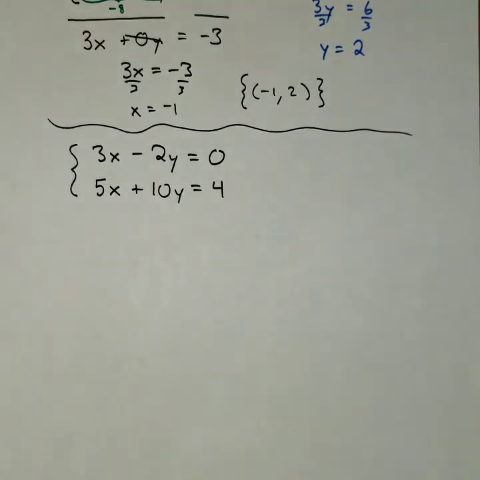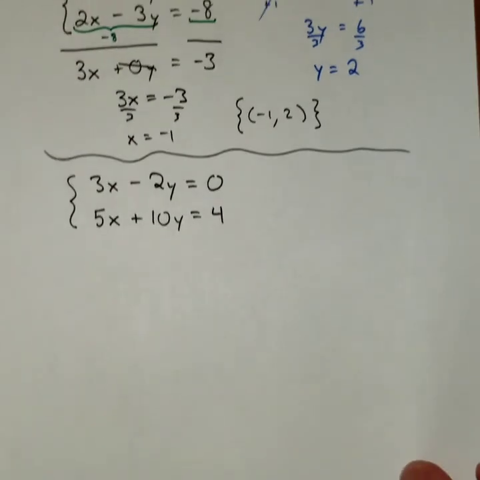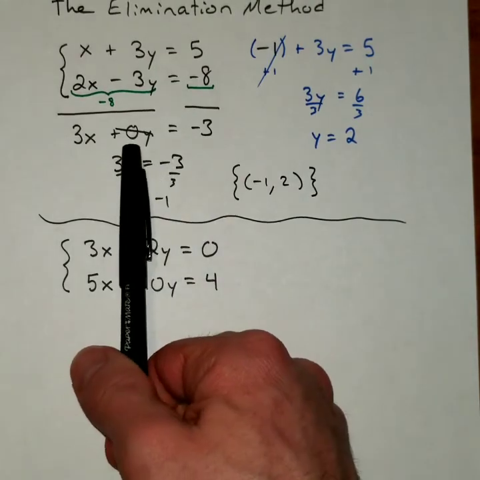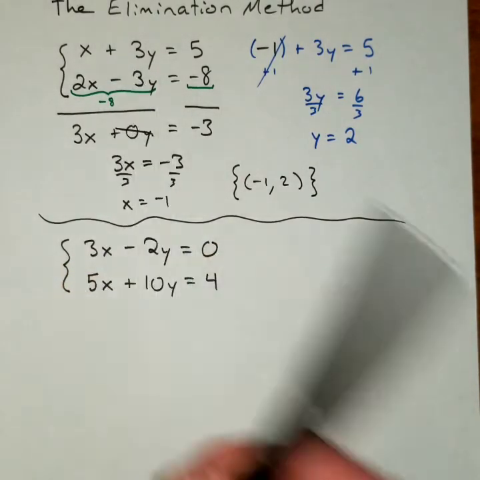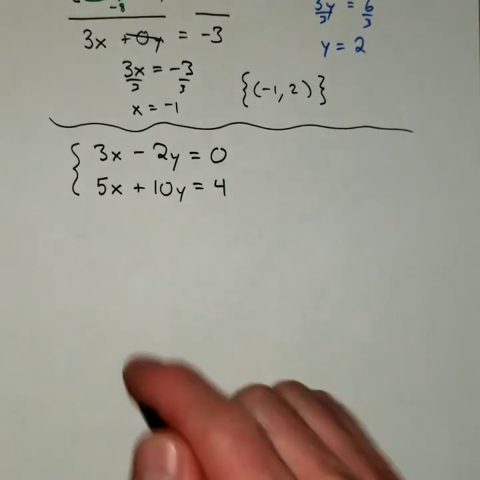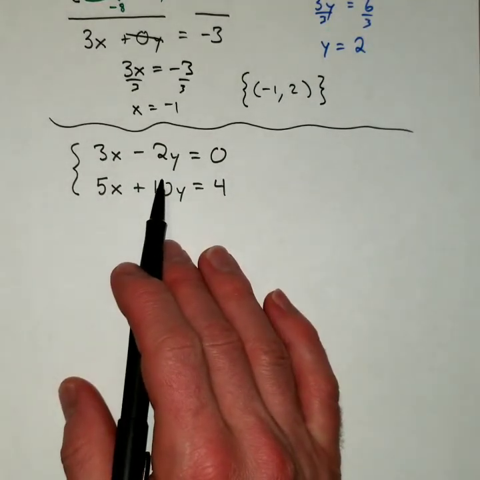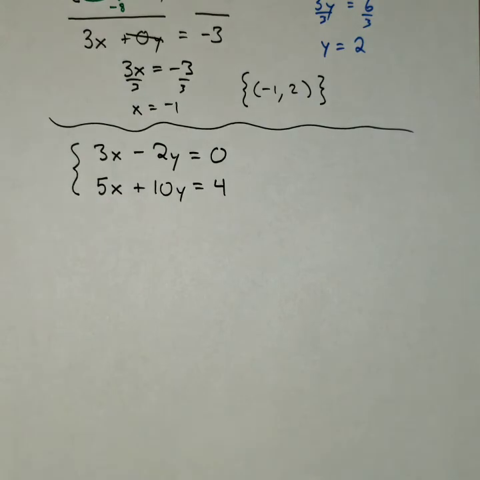And so what I need to do is get opposite coefficients. Notice in order to get the 0 in the last equation I had to have opposite coefficients, a positive 3 and a negative 3. Well, I need opposites here as well. And so I'm going to utilize the multiplication principle of equality to do that.